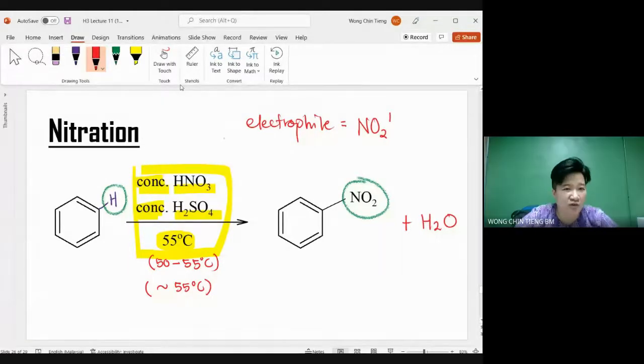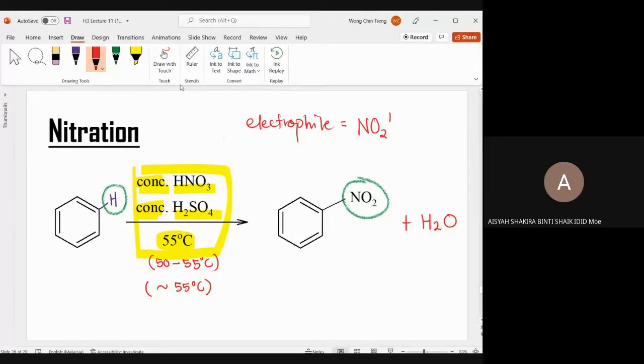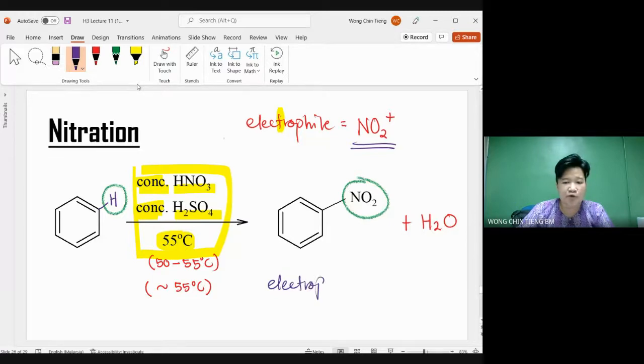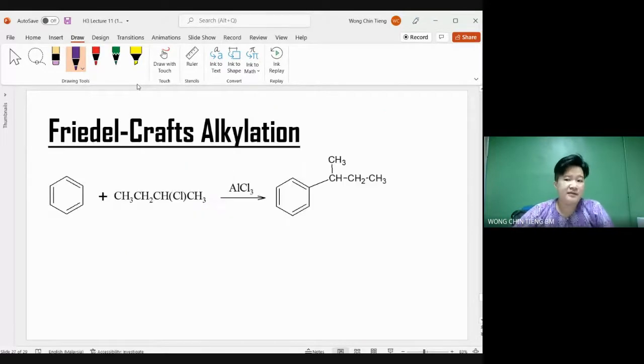Electrophile is plus, not minus. The electrophile is NO2 plus. That is the electrophile involved in your electrophilic aromatic substitution. You said what happens is electrophilic aromatic substitution, so who is the electrophile that causes that to happen? Your NO2 plus.